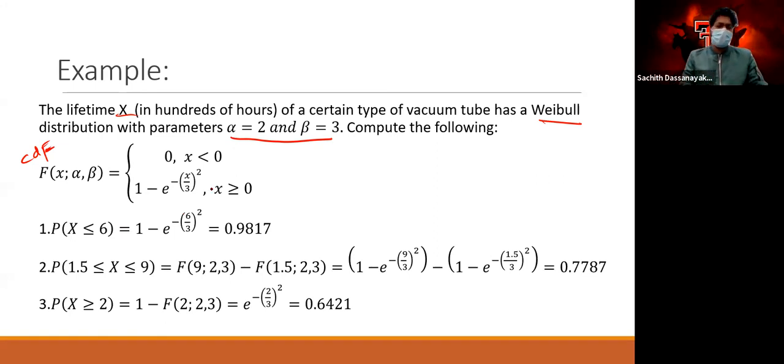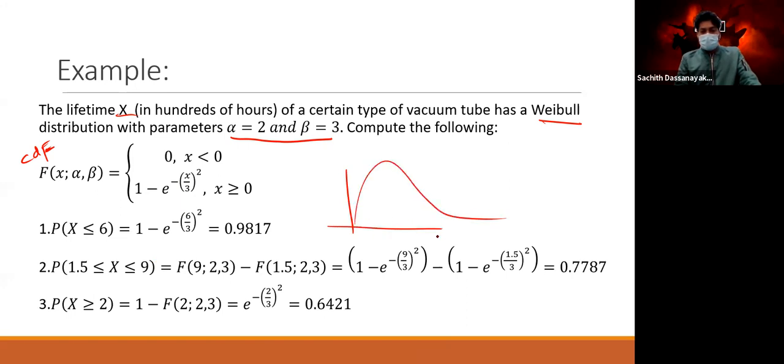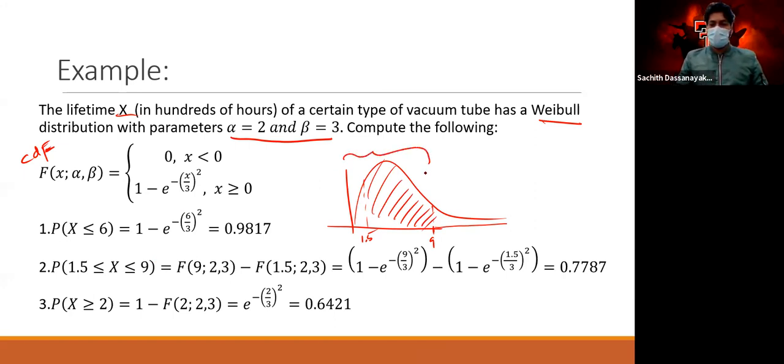Same as the previous case, if you need to find something within a range, 1.5 to 9, let's say the Weibull distribution is like this. So 1.5 to 9. You can find the area from 0 to this point and the area from 0 to this point, and take the difference.